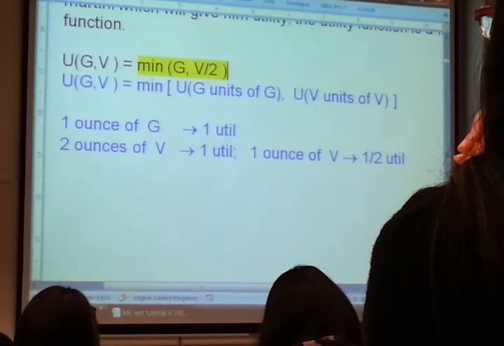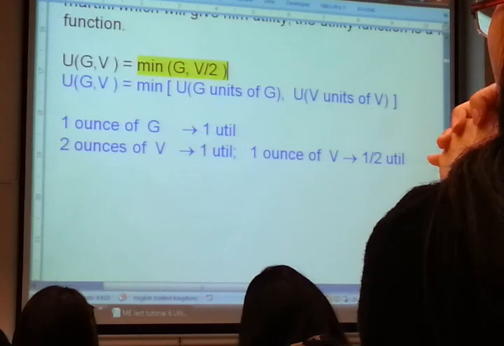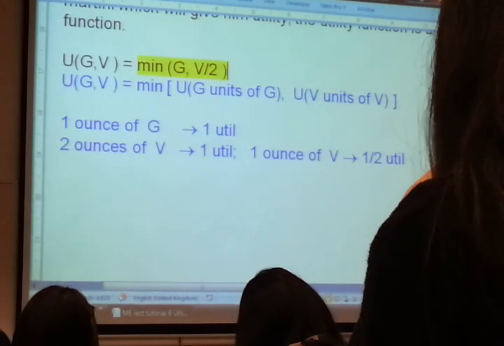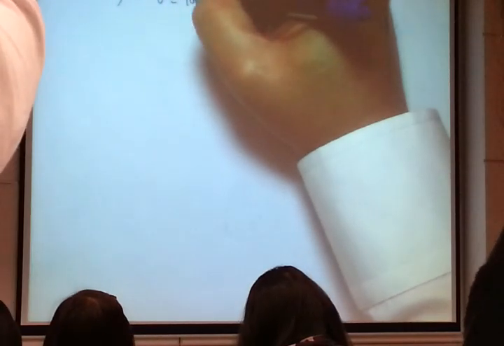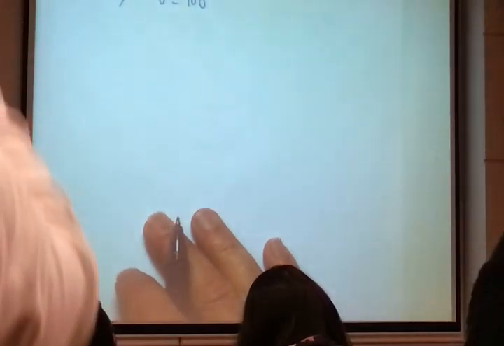Now, for instance, find for me the answer. If you have G equal 1 and V equal 100, what's the utility?